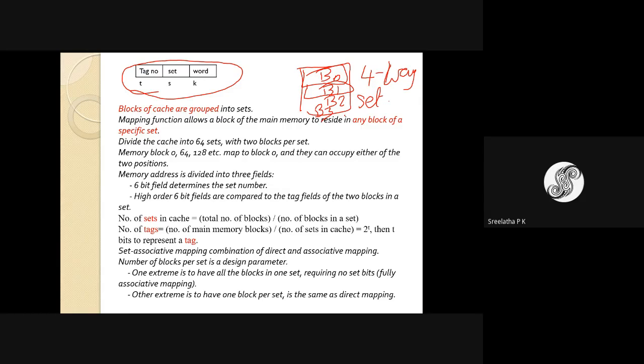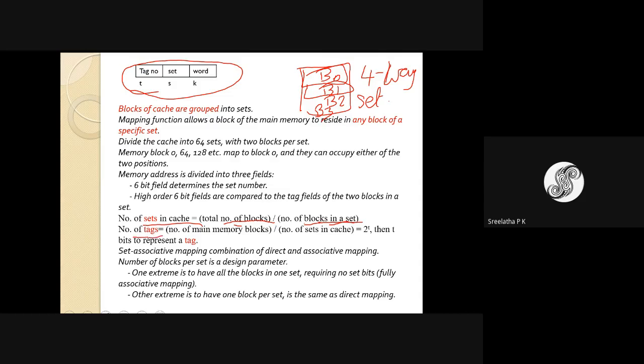So to find the number of sets in cache, it is total number of blocks divided by the number of blocks in a set.